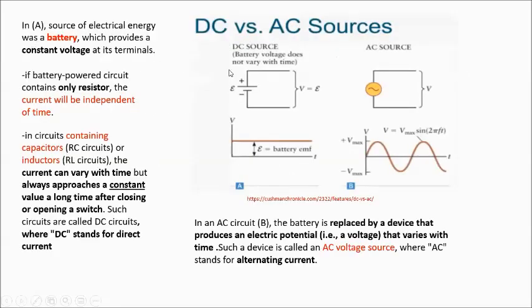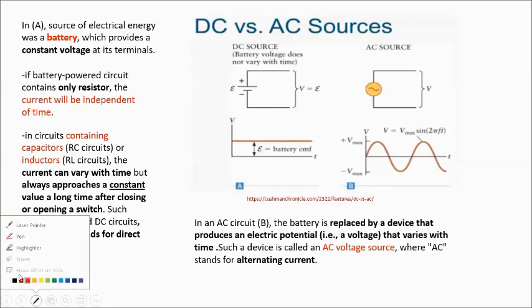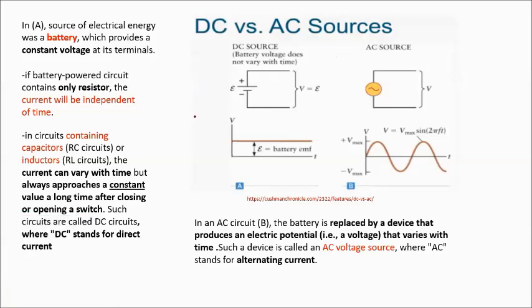Now, in figure A, the source of electrical energy was a battery, which provides constant voltage. So if you look at the symbol of DC, it is a straight line, which means the voltage is constant. If a battery provided a powered circuit containing a resistor, the current will be independent of time.